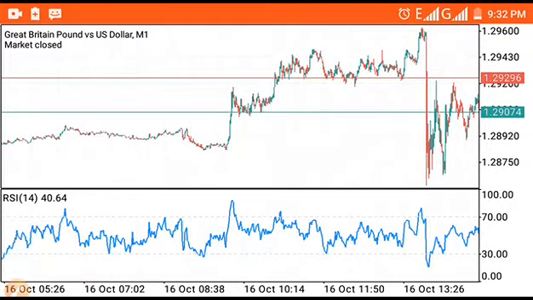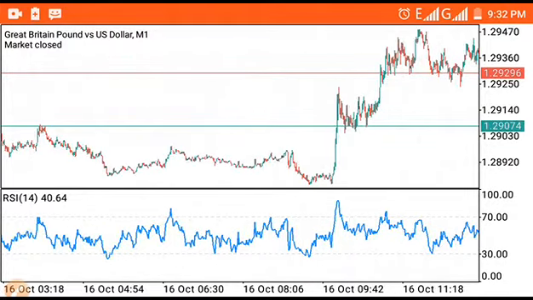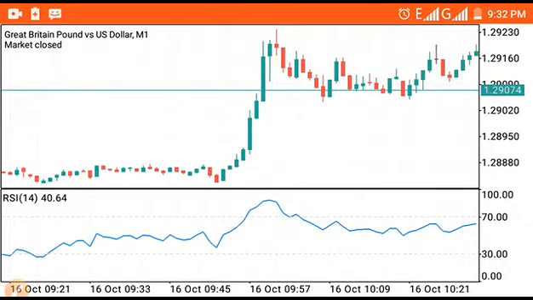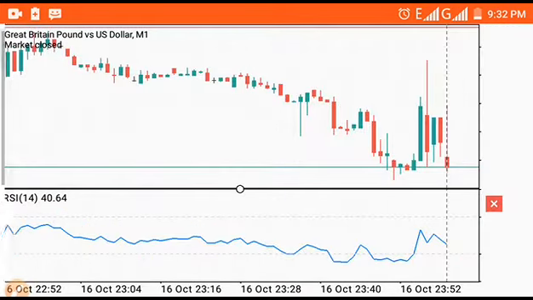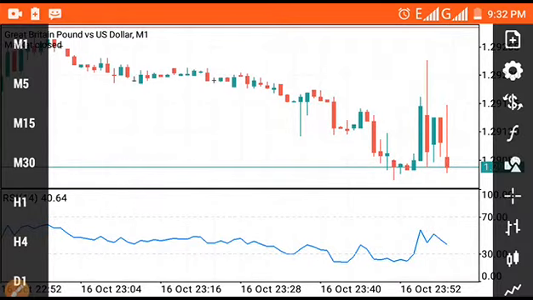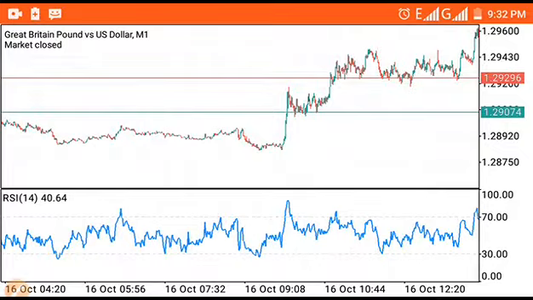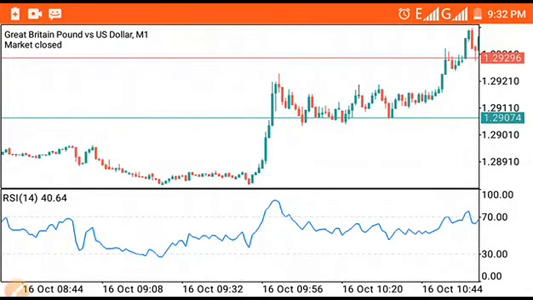Well, how do you overcome this? The key factor to this is patience. It's always been said out there, be patient when trading Forex. You can see what actually happened back here, where we were looking at a huge buy.